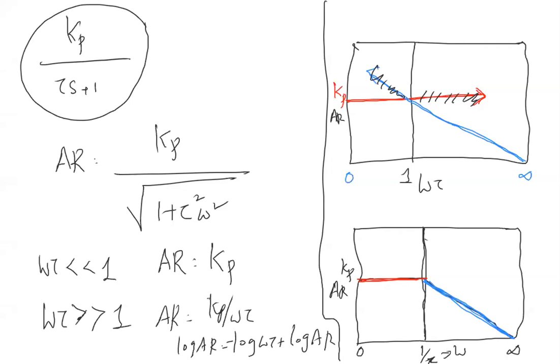In Bode plots, what is the slope here? Minus 1. Here you have this intercept also, which is log Kp. But we are not interested in the intercept because in this region this asymptote has no meaning.